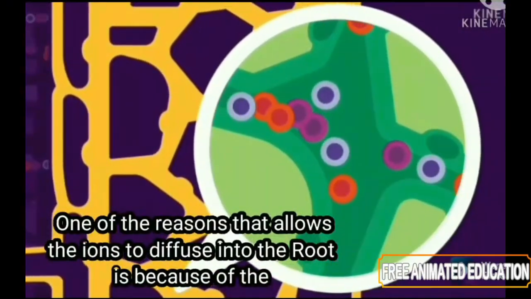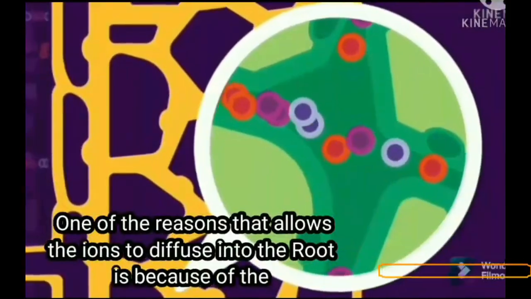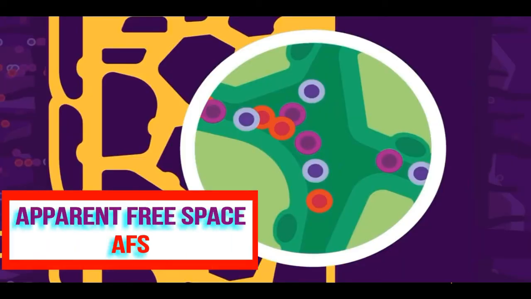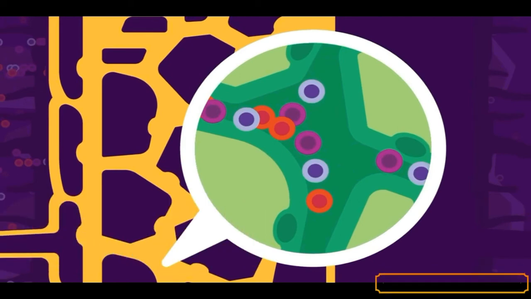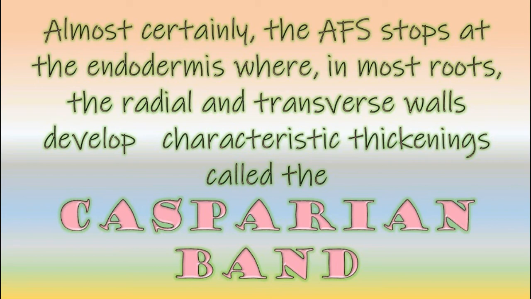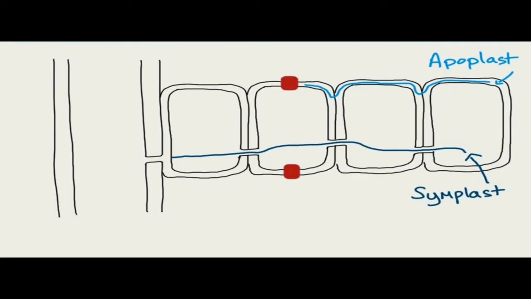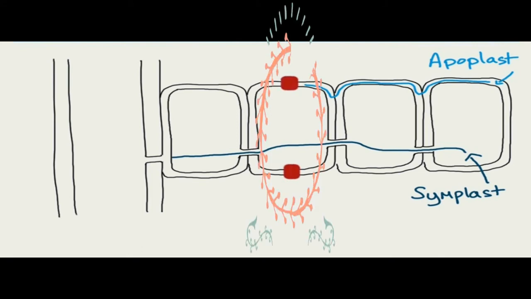One of the reasons that allows the ions to diffuse into the root is the apparent free space, or the AFS. Almost certainly, the AFS stops at the endodermis, where in most roots the radial and transverse walls develop characteristic thickenings called the Casparian band or the Casparian strip.